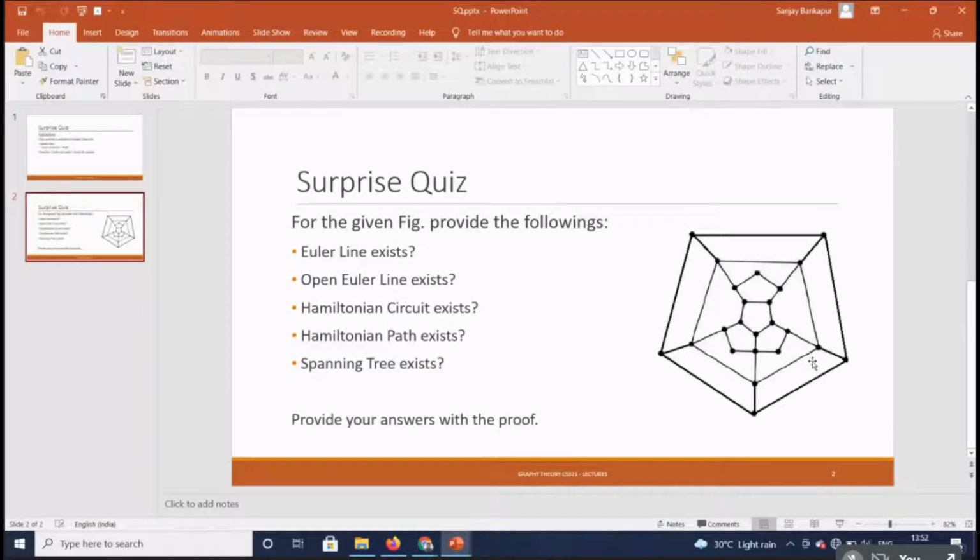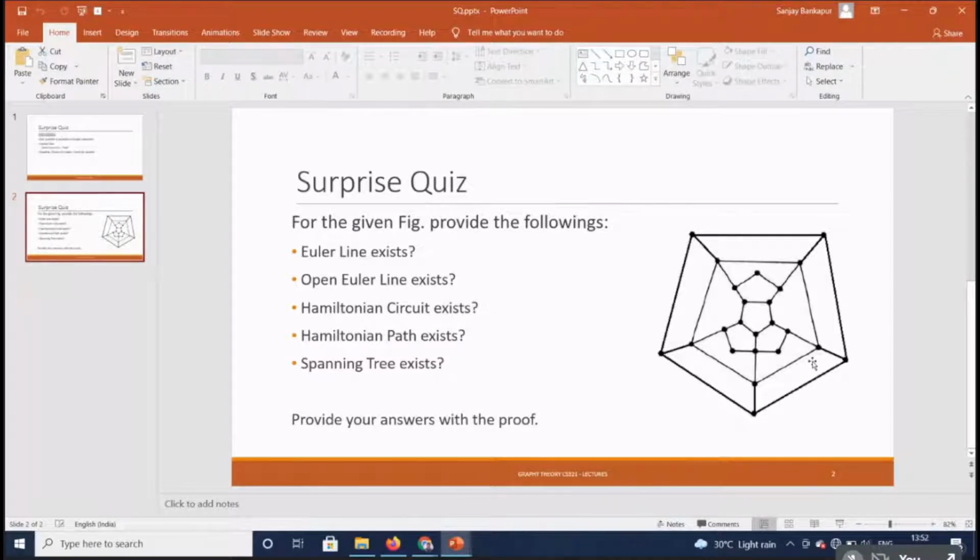It's a simple, tricky graph. So you need to find Euler line, open Euler line, Hamiltonian circuit, Hamiltonian path, spanning tree. Start with the easiest one, so that you get the confidence to do the others. Yeah, time starts now. So it's 1:52.